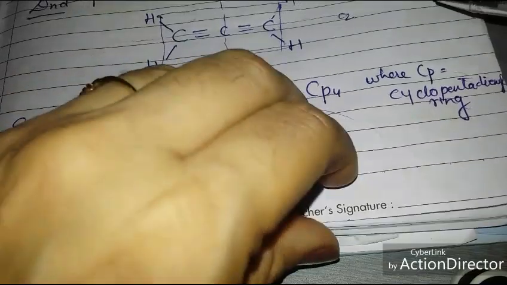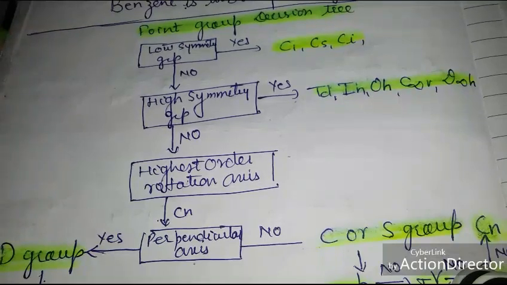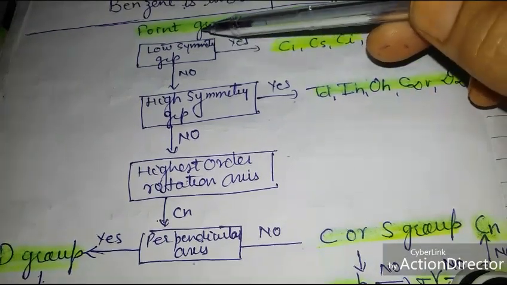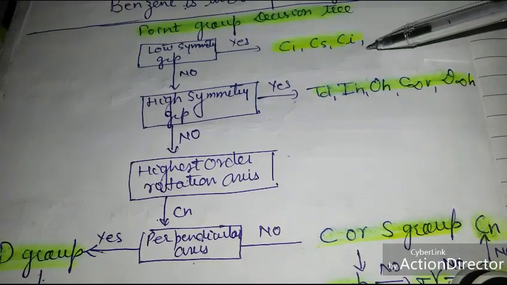Now this was all about the point groups. Now if any molecule is given, how will you identify it? There is one decision tree which will tell you about it. Whenever a molecule is there, look for low symmetry groups. If they are present, it can be C1, CS or CI.